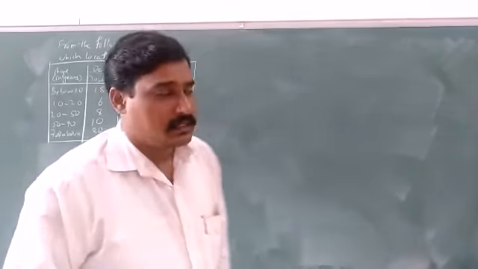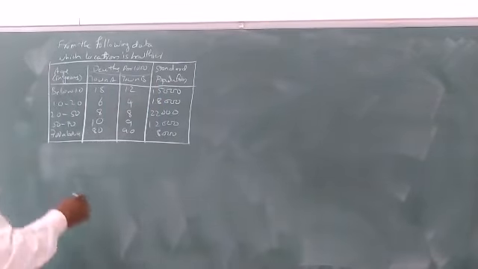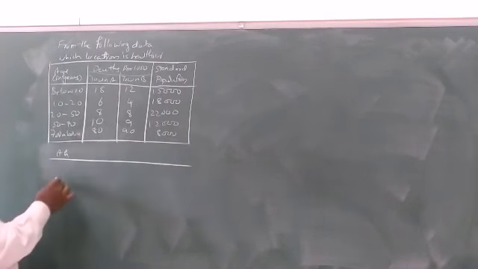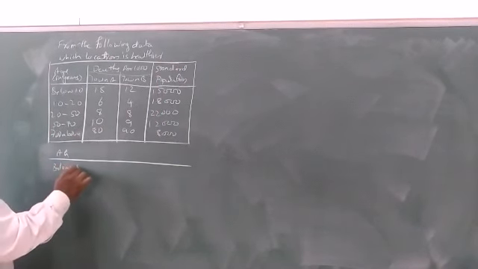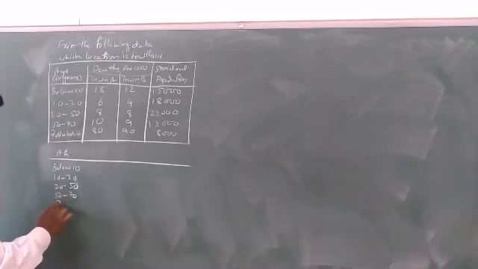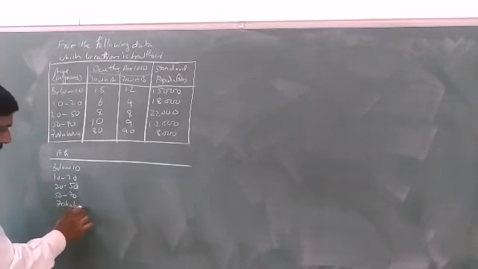So to calculate STDR, first make a separate table here. Age group: below 10, 10 to 20, 20 to 50, 50 to 70 and 70 and above.